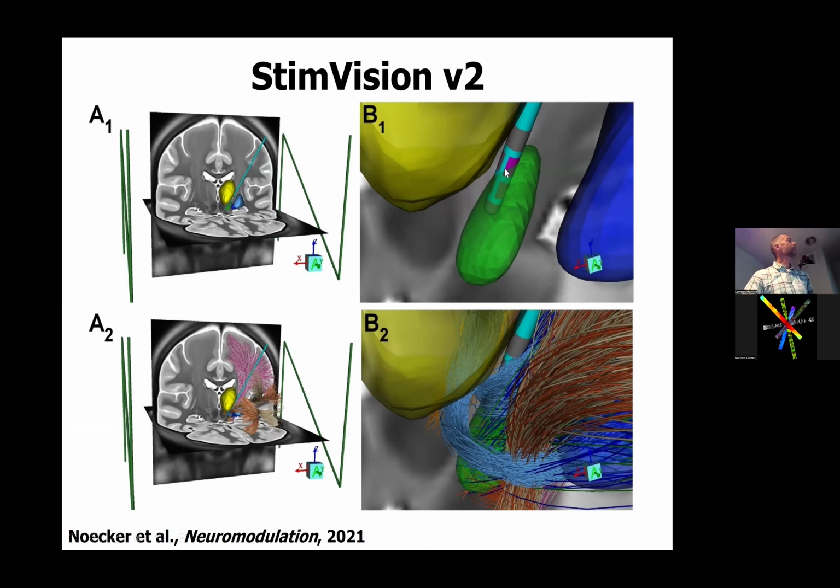Now we've moved into modern times with what current clinical directional deep brain stimulation electrodes look like. These bands are now broken up into 3 contacts that can stimulate with preferential direction, anterior versus posterior versus lateral.